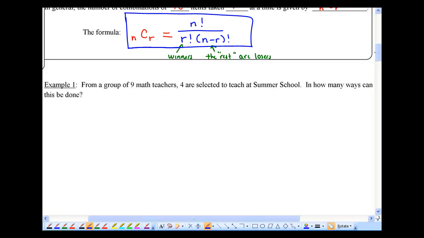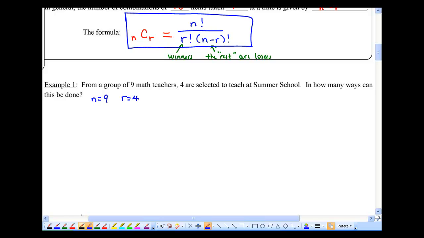So let's look at example number 1. From a group of 9 math teachers, there are 4 that are going to be selected to teach summer school. So the question is, in how many ways can this be done? Well, if you think about what's going on, I've got n equals 9, and I want how many winners? I guess there are 4 winners.